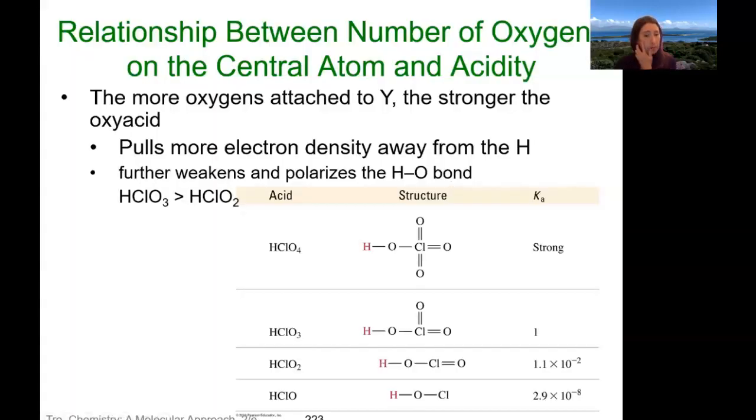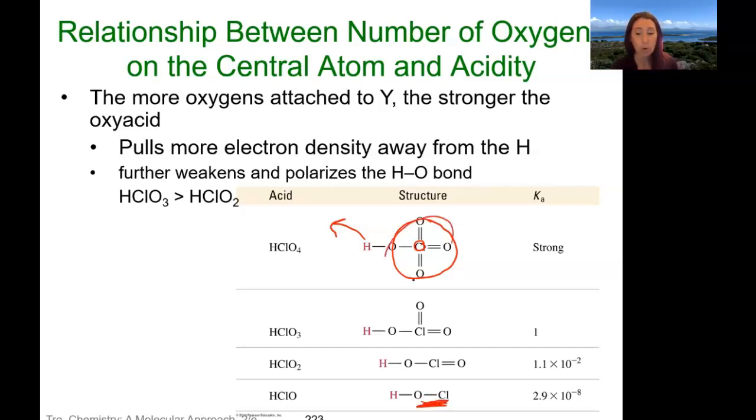Now, what about if you have more oxygens? You can see here, these are all chlorates, some kind of variation of our chlorate polyatomic ions, just as acids. So the more oxygens that are attached, the stronger the acid, for the same reason, right? The more O's we have attached, the more electron density is being pulled in this direction, which makes this H easier to take off, right? There's not as much density over here.